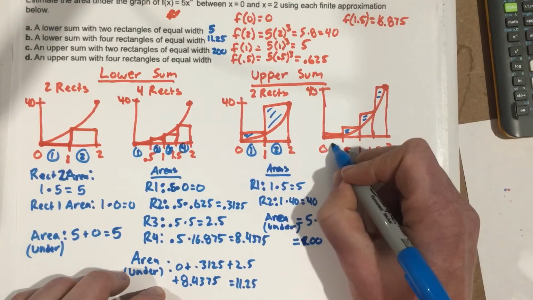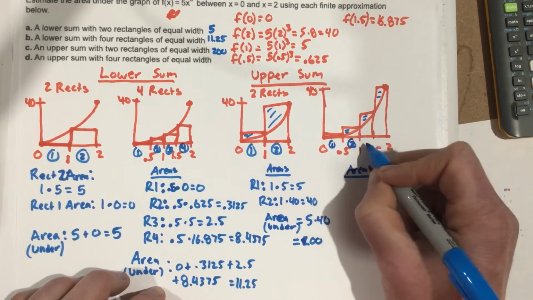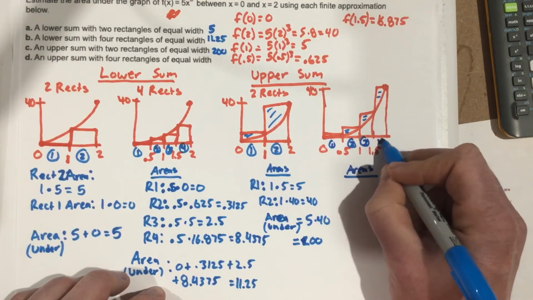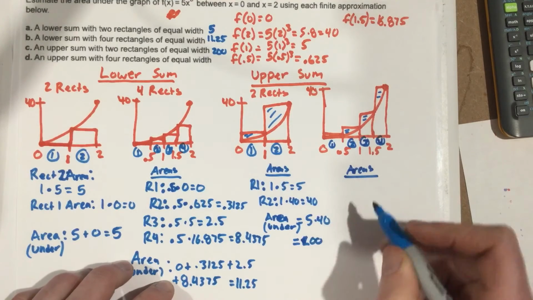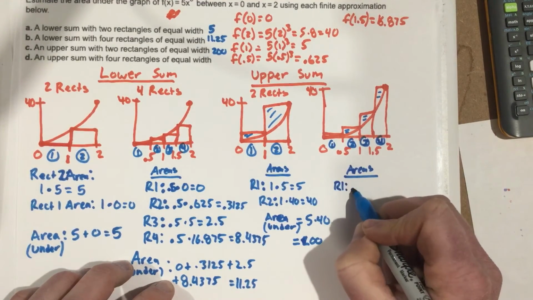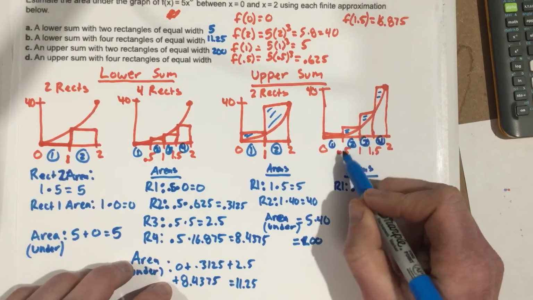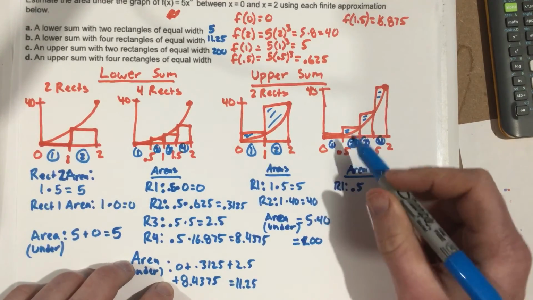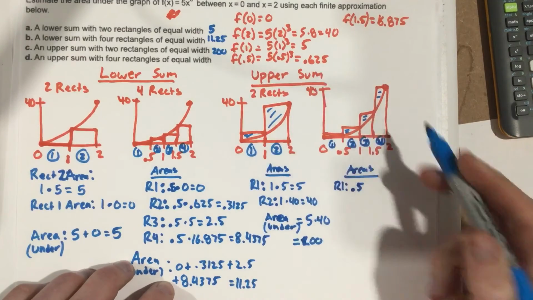So rectangle 1, let's label that 1, 2, 3, 4. So we're going to have 0.5 for rectangle 1 times f of 0.5, which we know f of 0.5 is 0.625.